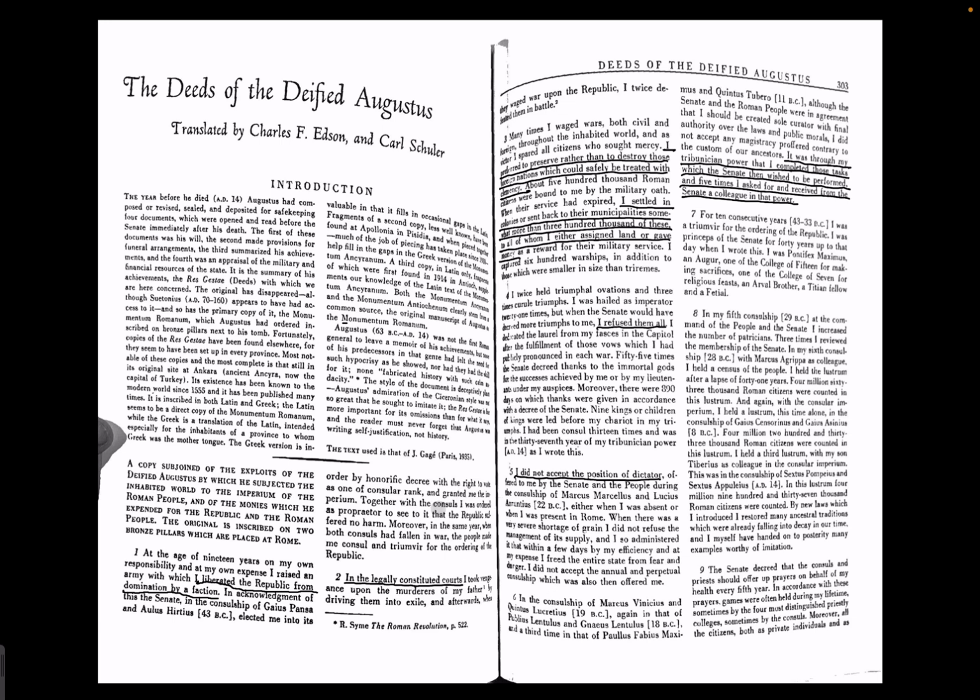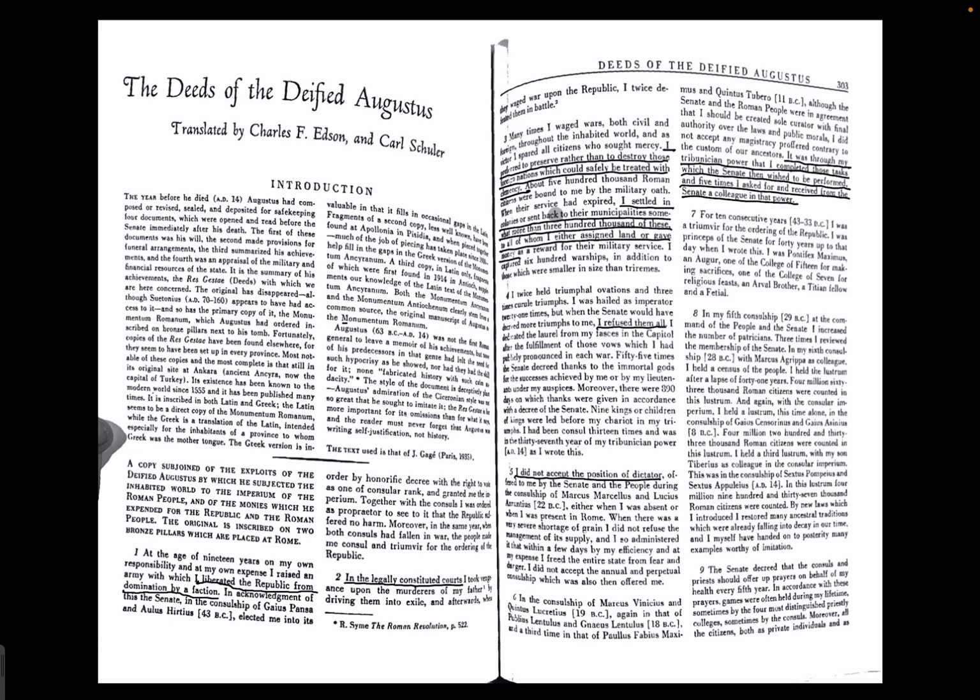He's like, I just did this legally, right? Everything that I did, I did by the will of the Republic, the will of the people. I didn't do anything of my own agenda. I was just a loyal servant of the Republic. I mean, you could not shovel the BS thicker than this, right, into a document, okay? But that's how he wants to be remembered. This is the propaganda aspect.